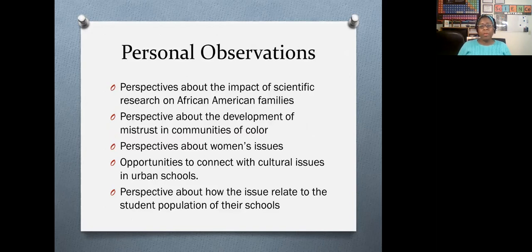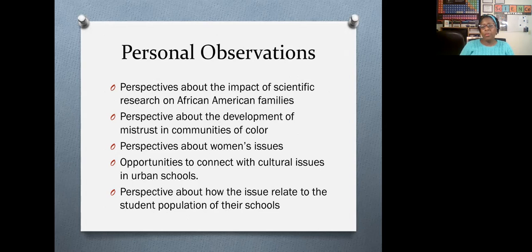As we were going through some of these strategies, particularly in the use of literature circles, I started to see students' perspectives about the impact of scientific research on African American families. And I started to wonder how I could help students to think more critically and how I could help them to engage in more culturally relevant strategies to think more critically about these issues.